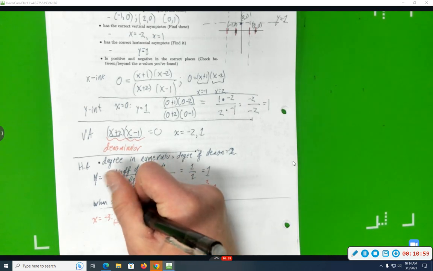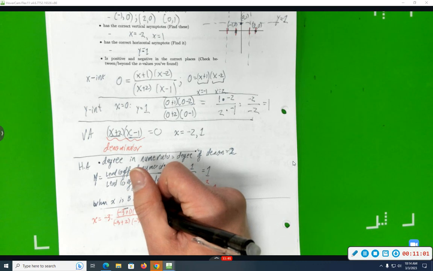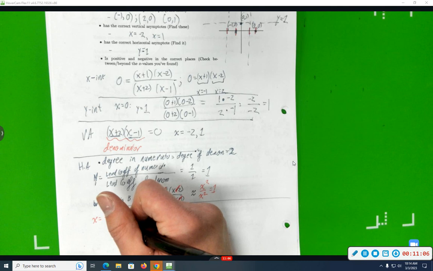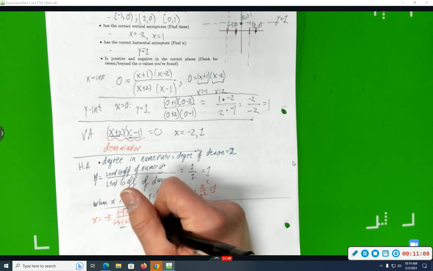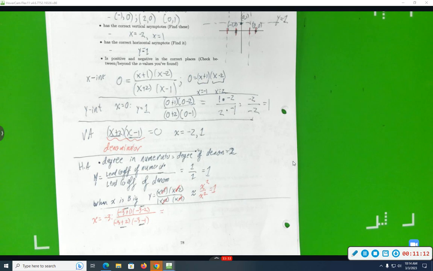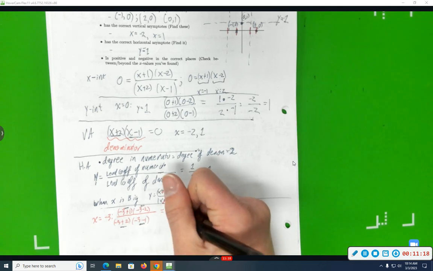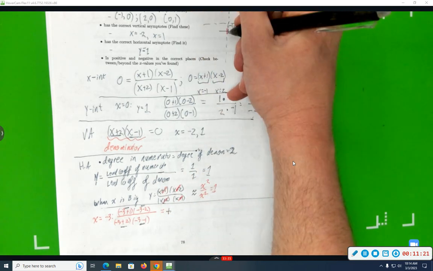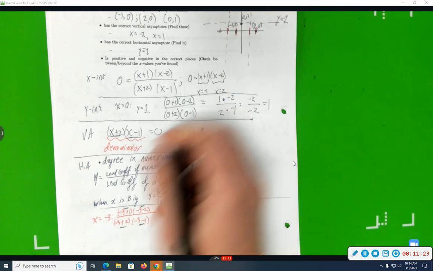Negative. It's negative 4, but I don't care about that. Negative 3 minus 2. Negative. Negative 3 plus 2. Negative 3 minus 1. So I see a negative times a negative divided by a negative times a negative. What will that be? So that means that all the way from negative infinity to negative 2 will be positive.